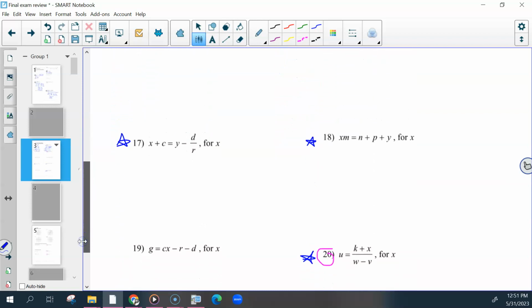17 was the next one. So this looks more complex than it really is because there's a bunch of stuff going on. We're adding, we're subtracting, we're dividing. But none of the stuff going on over here has anything to do with us getting x by itself. We just have to get rid of c by doing what? Minus. So then you can write this a couple different ways.